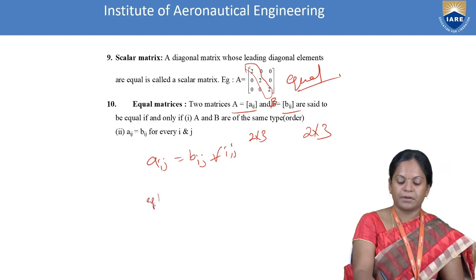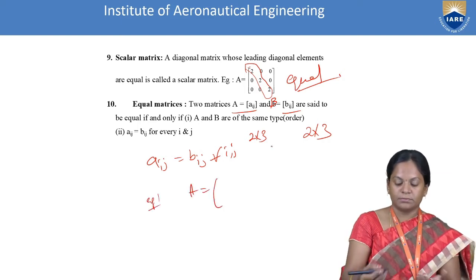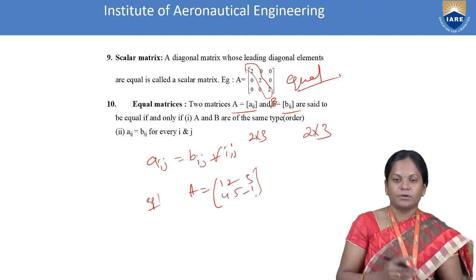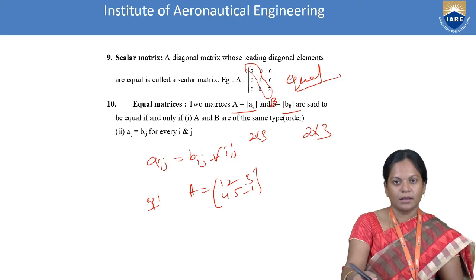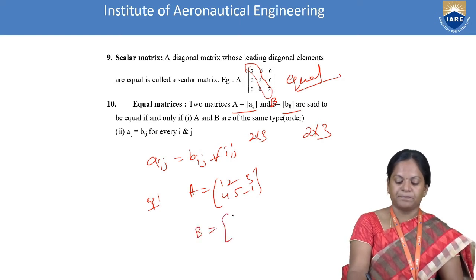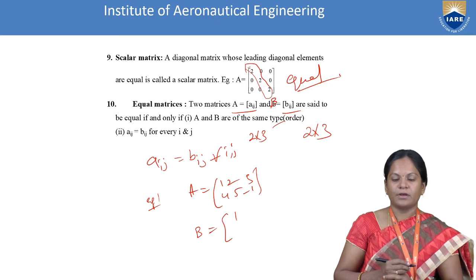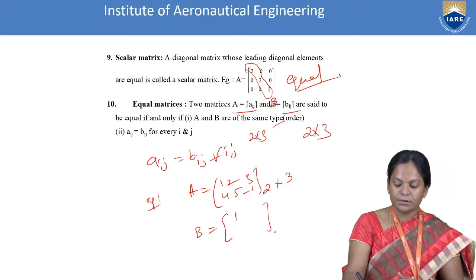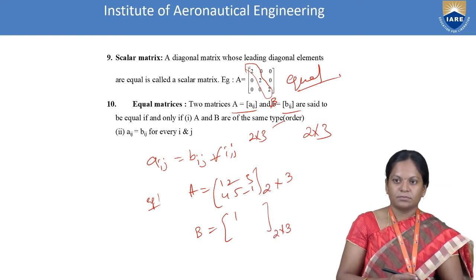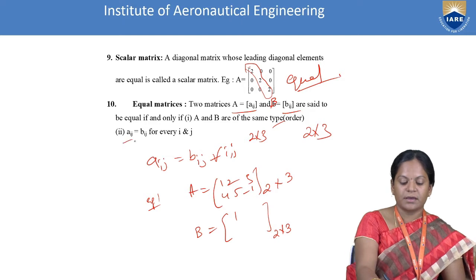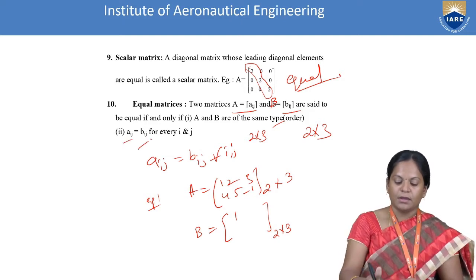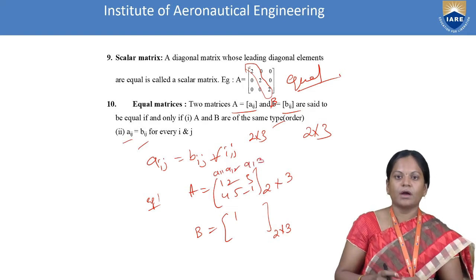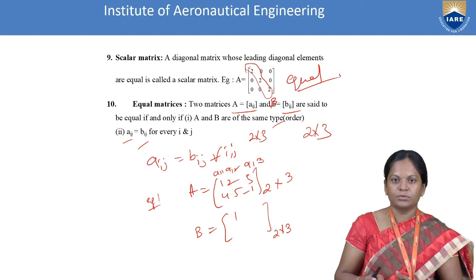For example, I am taking A of order 2 by 3: 1, 2, 3, 4, 5, minus 1. This is the A matrix, with 2 rows and 3 columns. B I am considering the same. What is the first condition? A and B should be of the same order. If A is 2 by 3, B is also 2 by 3. Now the second condition is Aij equal to Bij. Here I am considering A11, A12, A13 values, and in the second row A21, A22, A23.